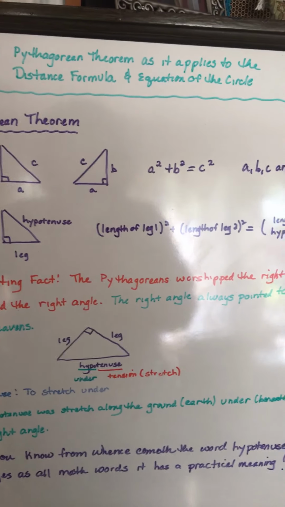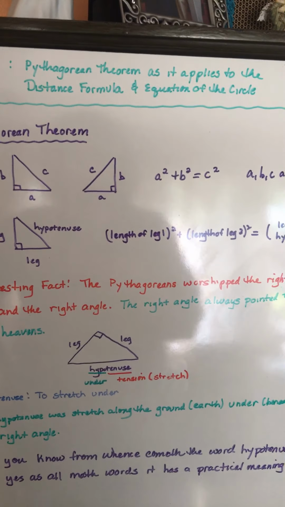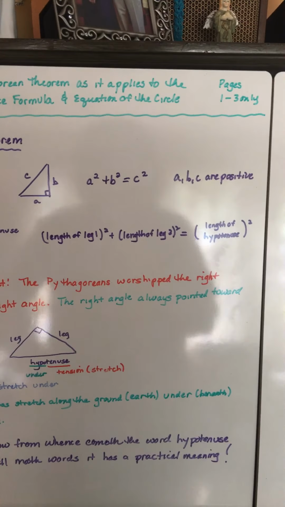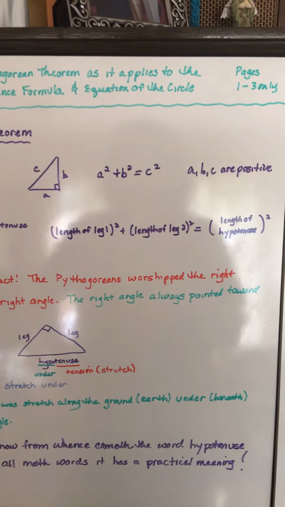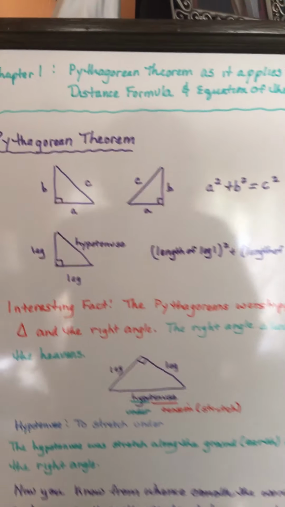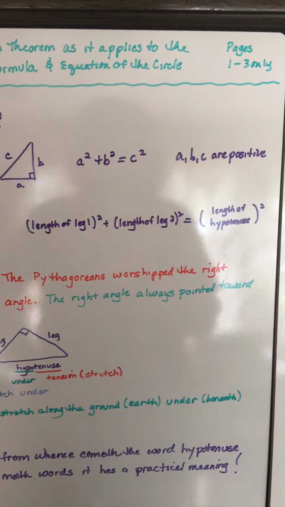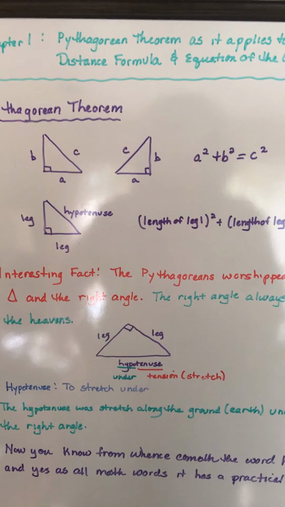Now, an interesting fact you need to know to help you understand the vocabulary is the Pythagoreans were weirdos. They worshipped the right triangle and the right angle. In fact, the right angle always pointed towards the heavens.